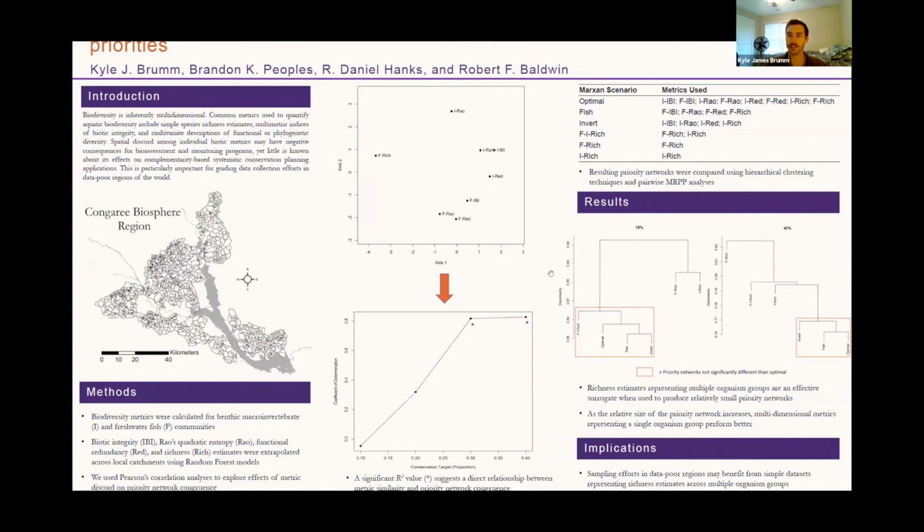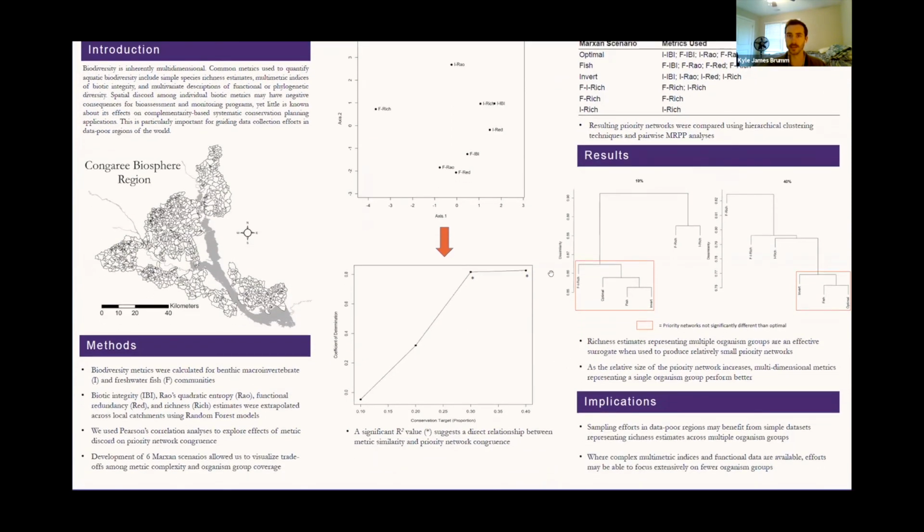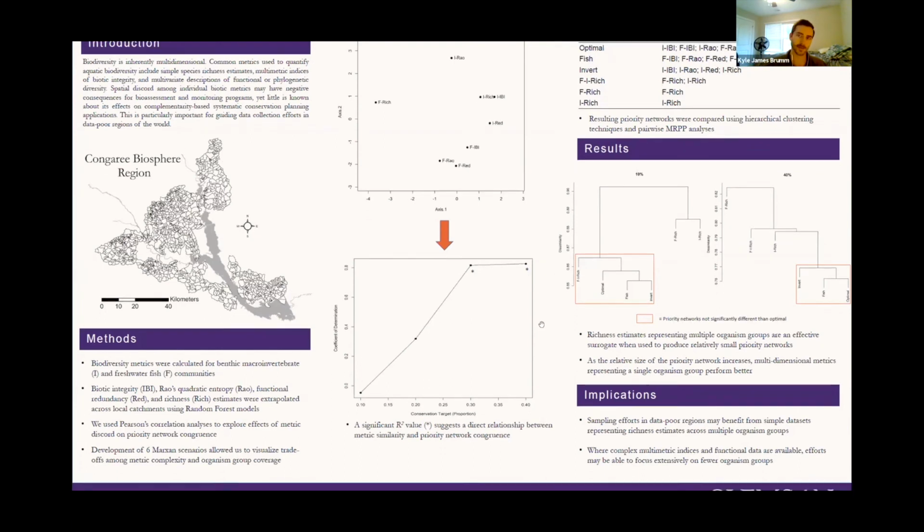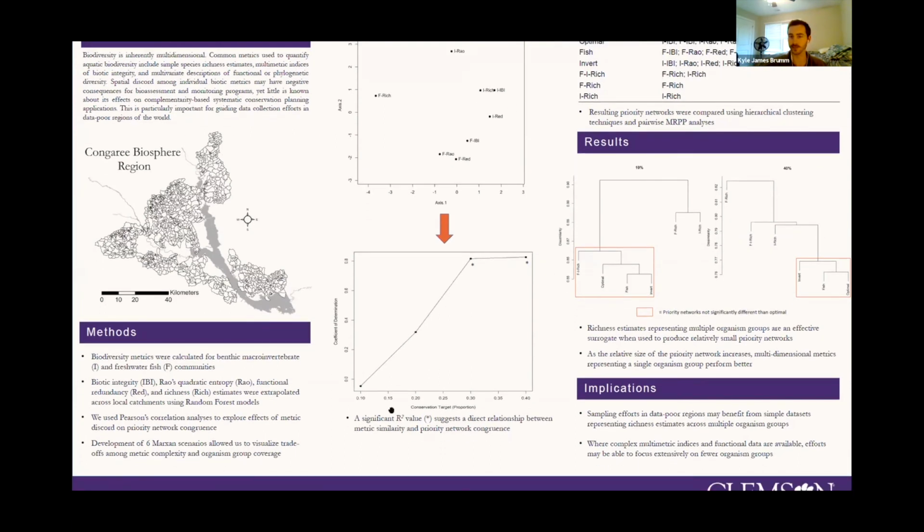But then if we take each individual metric and run it through this kind of cost benefit algorithm, we're seeing that this variation doesn't really affect priority networks down here on the left. So this x-axis is basically a representation of area. So how big is this network that we're trying to design?